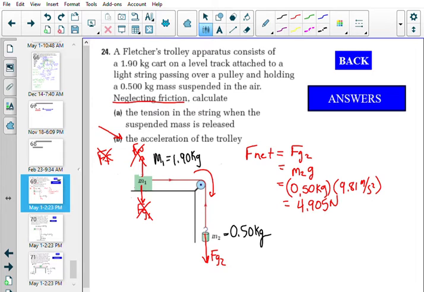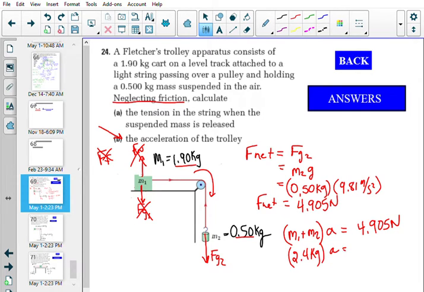Alright, well that is also F net. But the F net is both masses added together. It's m1 plus m2 times acceleration. That's what F net is. So we would add the 1.9 and the 0.5, and that gives 2.4 kilograms times the acceleration equals 4.905 newtons.